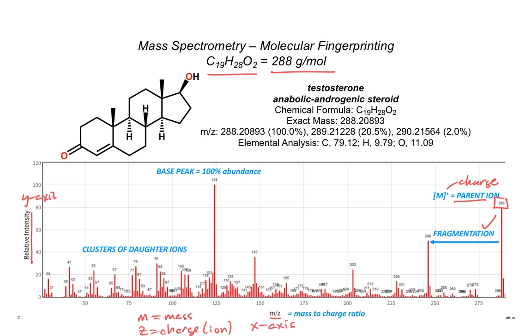There's a peak at, I think it says 124. It's kind of tiny. That's called the base peak, because when you draw a line over to the y-axis, that's the most abundant peak. It's the tallest peak there. Those are two of the main things you have to look for in these mass spec data. The parent has all of the elements of the molecular formula, and then the base peak is the most abundant peak.